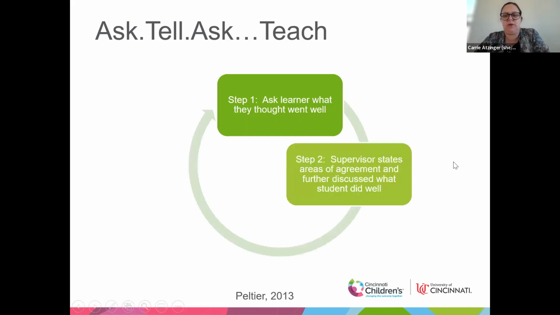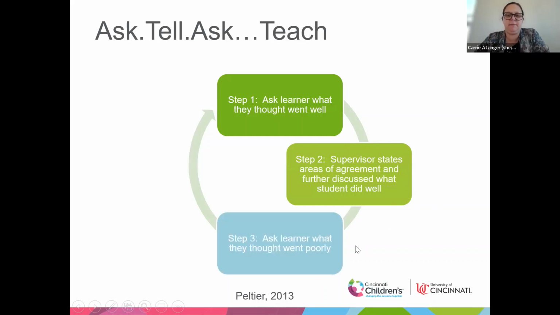Step 2 is to tell. So agree or add things. Step 3 is to ask the learner what they thought went poorly, or what are things they think they could do better next time, or didn't go the way they wanted to. Again, this separates a little bit more the discussion of the positive from the discussion of the things to improve.